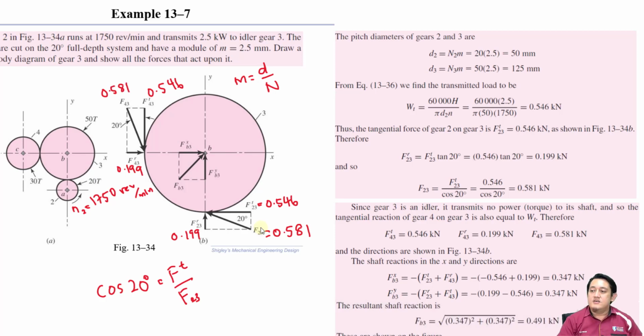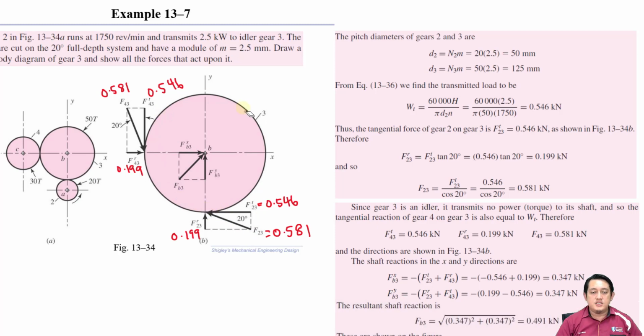Before we proceed any further, let's erase this part, the one that we don't need anymore. Now we have all the values on this gear 3 here. What about the value of the reaction force? Remember, we've talked about the reaction force.